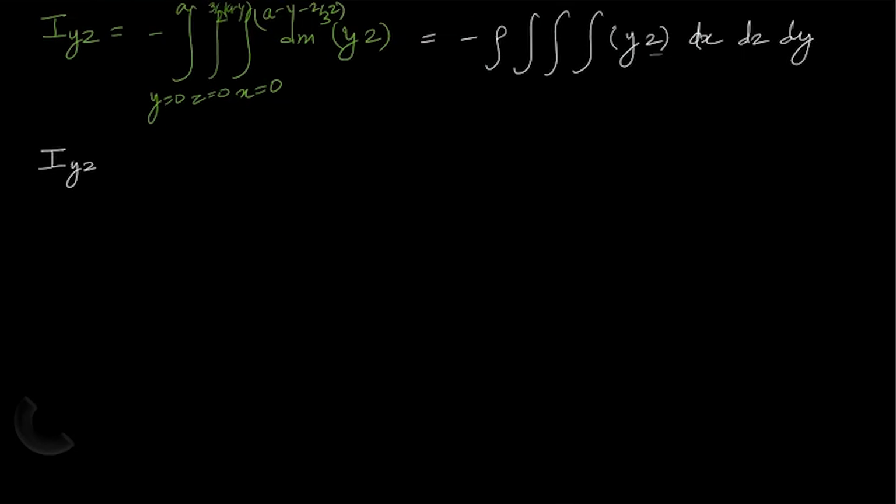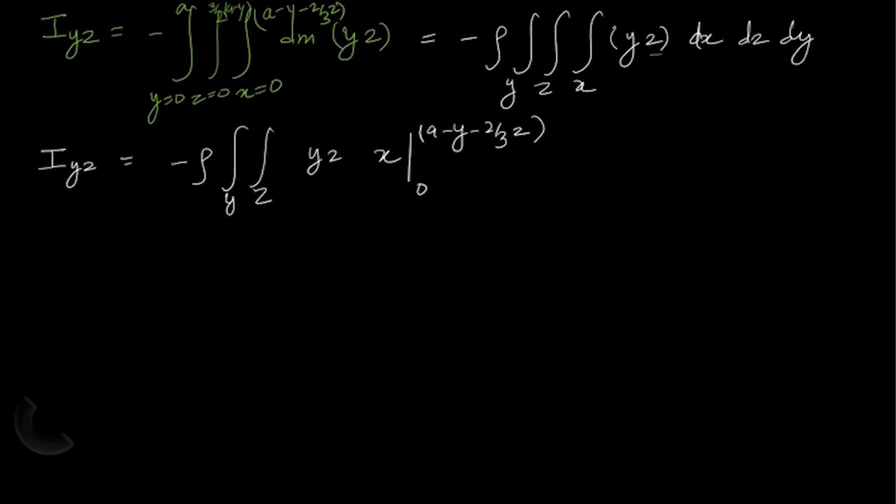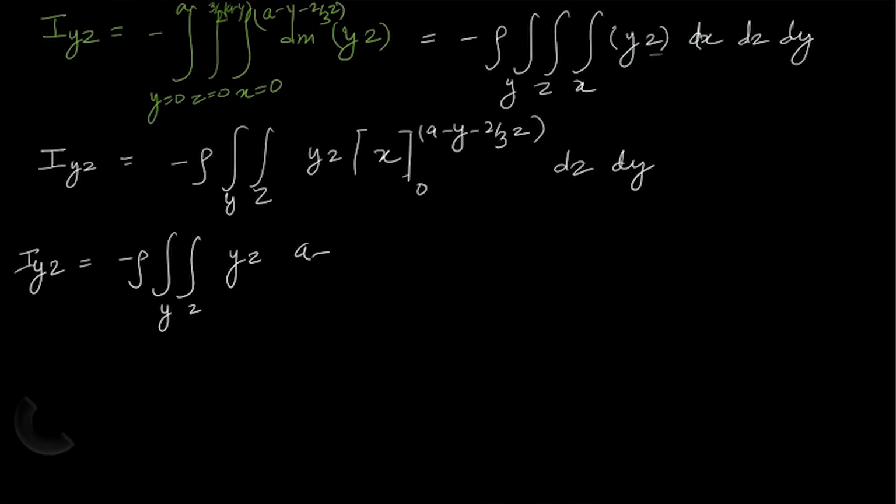So this Iyz is equal to minus rho integral of y and z, and this is yz. The integration is x of dx and then dz dy. So let's put the limits of x. So Iyz is equal to minus rho yz (a minus y minus 2 by 3 z) dz dy.